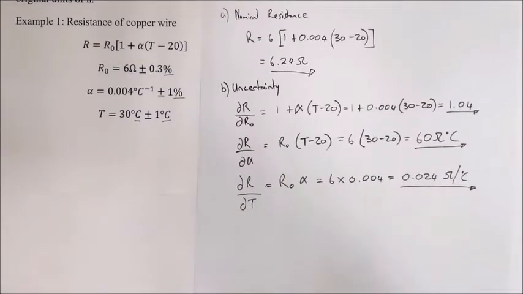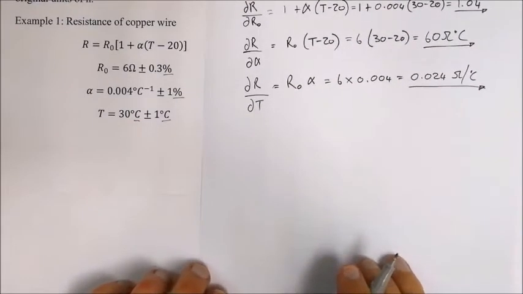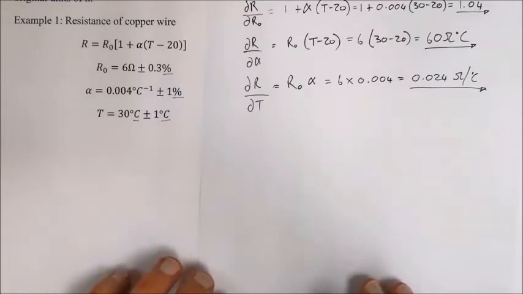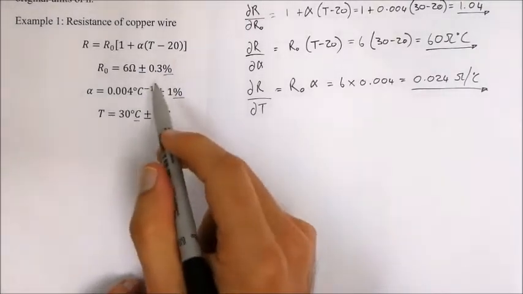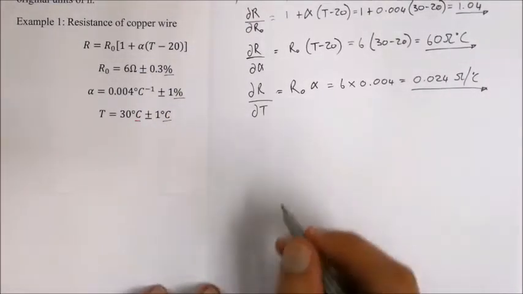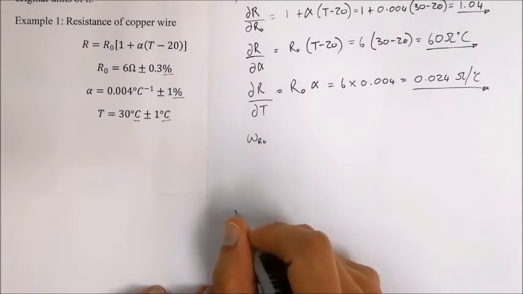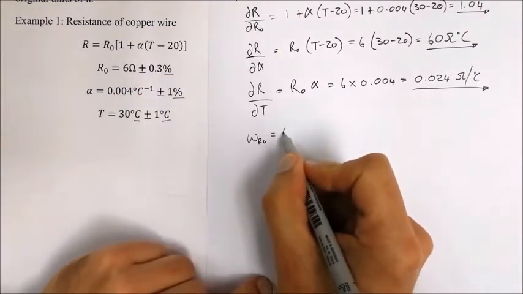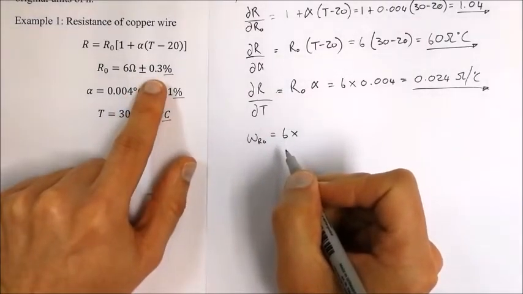Now we've got to calculate the weighting factors. These weighting factors are going to be looking at the values that we've looked at over here. The first thing we've got to do is look at the nominal values and multiply them by these percentage values. Let's look at the weighting factor for R0. The nominal value for R0 is 6 ohms, and we're going to multiply that by 0.3%.